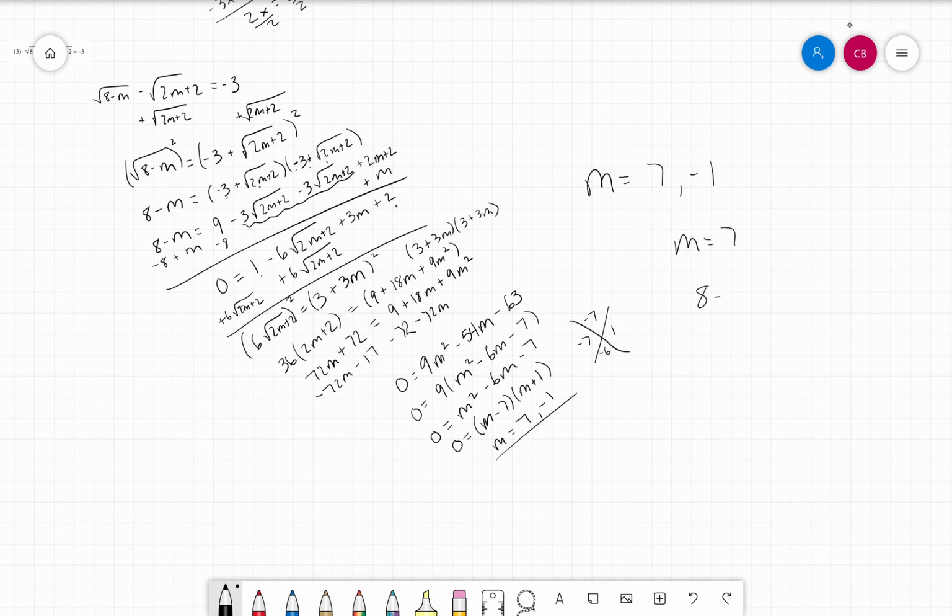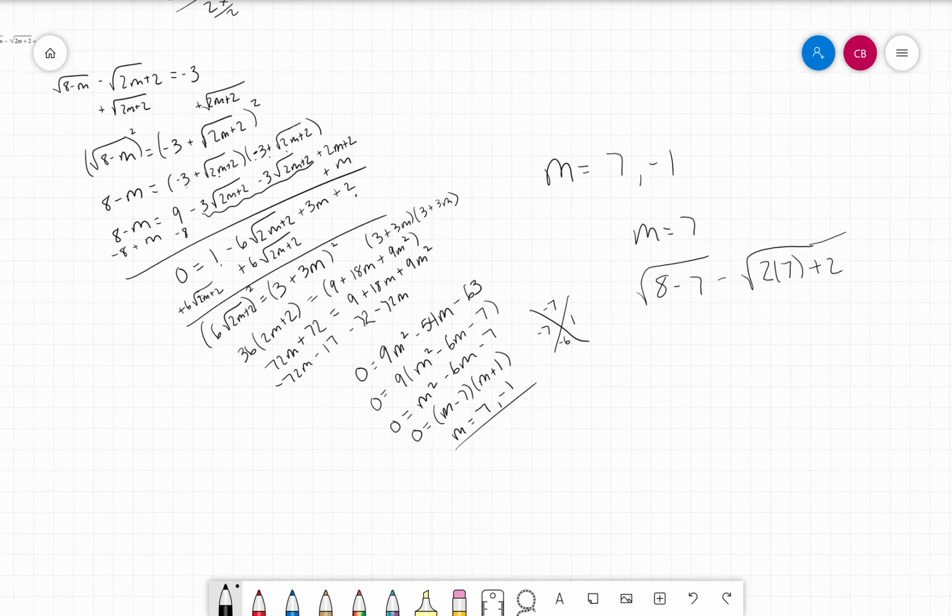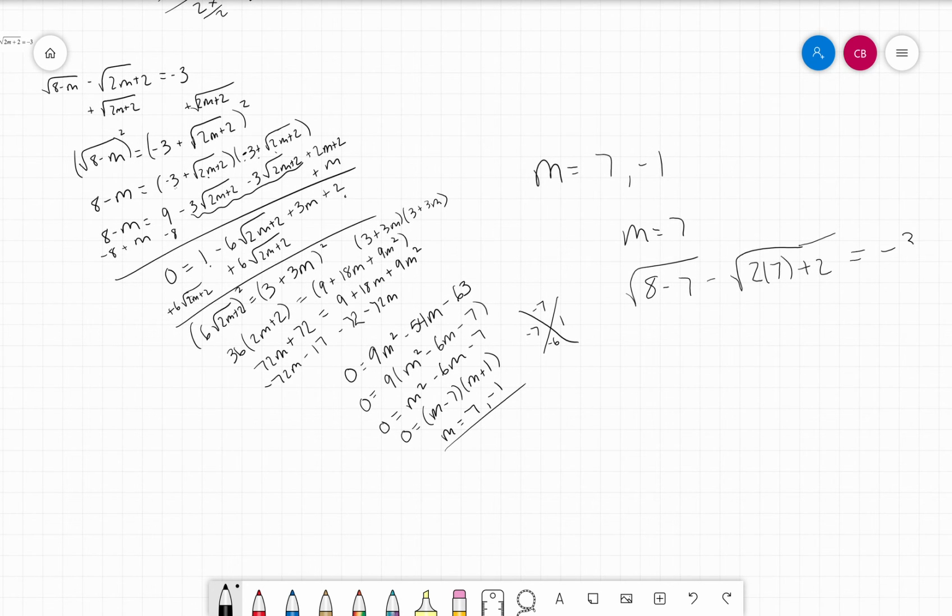That's square root of 8 minus 7 minus square root of 2 times 7 plus 2 is equal to negative 3, question mark. I plugged in m, this is m, and this is m. I plugged that into this original equation up here.